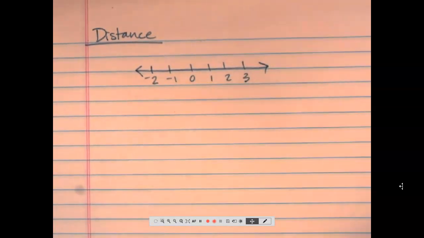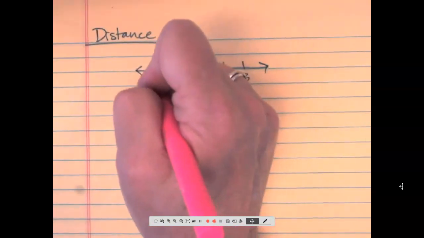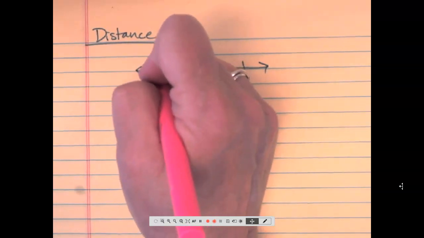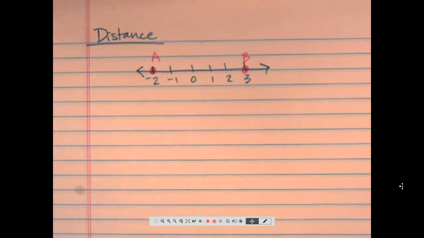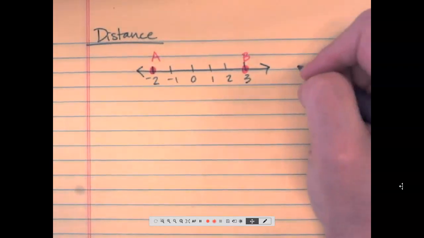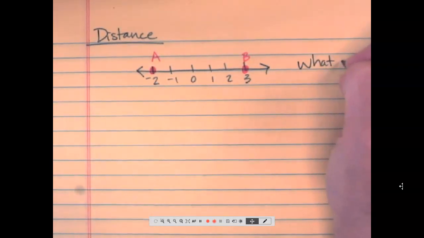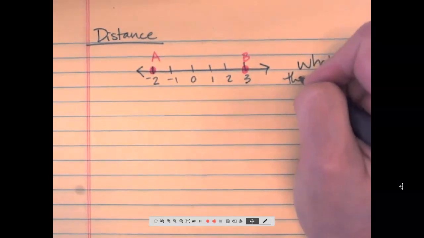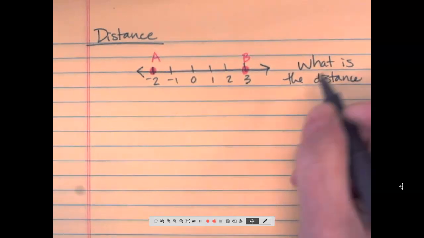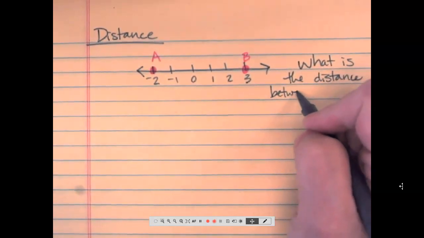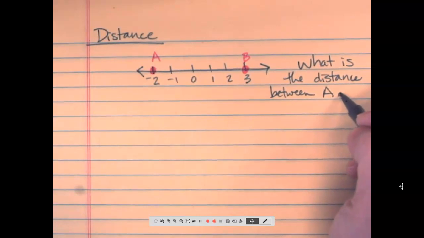And I'm going to mark A right here and B right here. And I'm going to ask you, what is the distance between A and B?